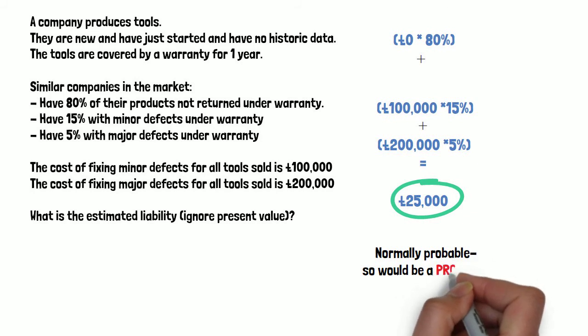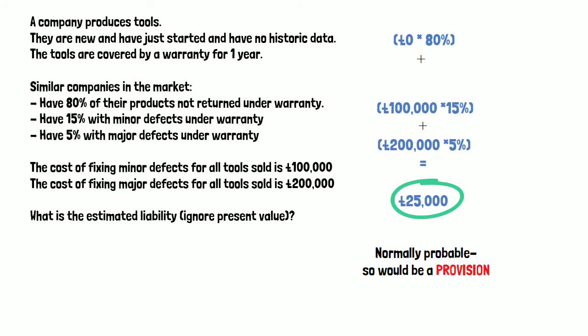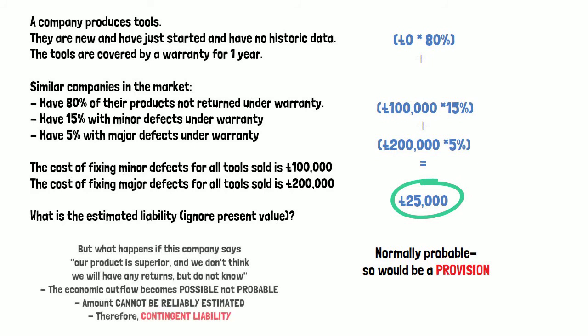And normally this would be a provision, because that's what we think we are expecting to pay, and we have got backup information to reliably estimate what that will be. But what happens if this company says, well, actually, we have a superior product to what's out there in the market, and we don't think we're going to have any returns, but we don't really know?